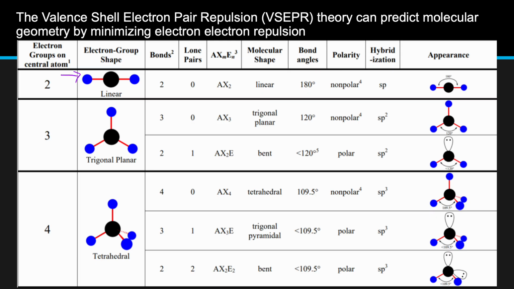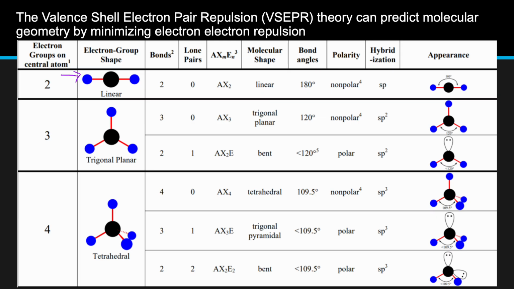And the farthest they can be away from each other is 180 degrees. So this hybridization would be sp hybridization because it only has 2 bonding sites, so we only need 2 hybridized orbitals, or s and p. And it would be 180 degrees because it would be a linear shape.